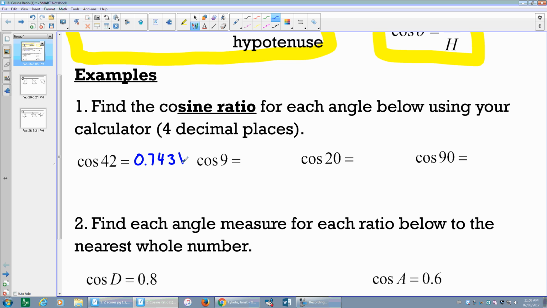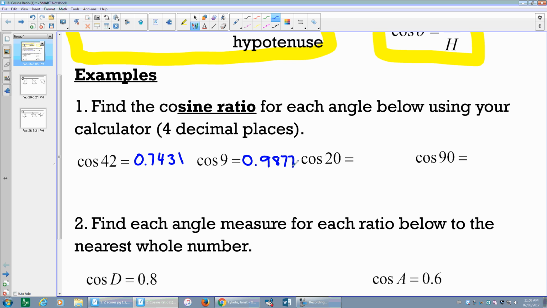Remember, we're rounding, and you will lose marks if we don't round correctly. The next example that we're going to do, we can do the cos of 9, which is equal to 0.987. It says 6 on your calculator, but when I round, it's 7.